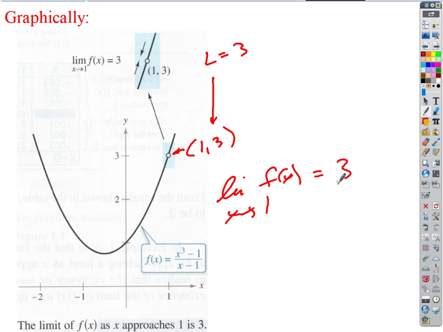And we didn't have any problem with that, right? Because as the ant approached 1 from either direction, the answer was 3. This limit we would now technically need to call a two-sided limit. But whenever we talk about a limit in calculus, it's implied that it's a two-sided limit. We would specifically say a one-sided limit if we needed one, right?